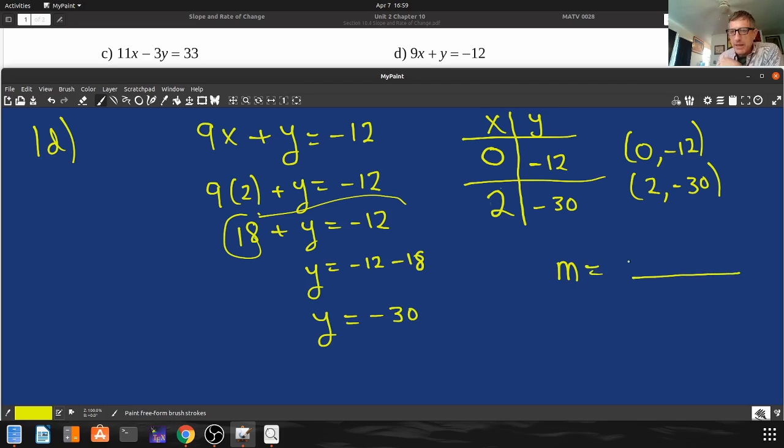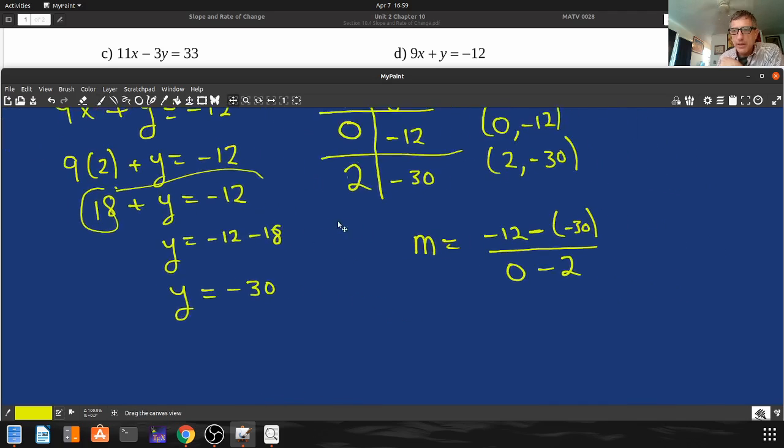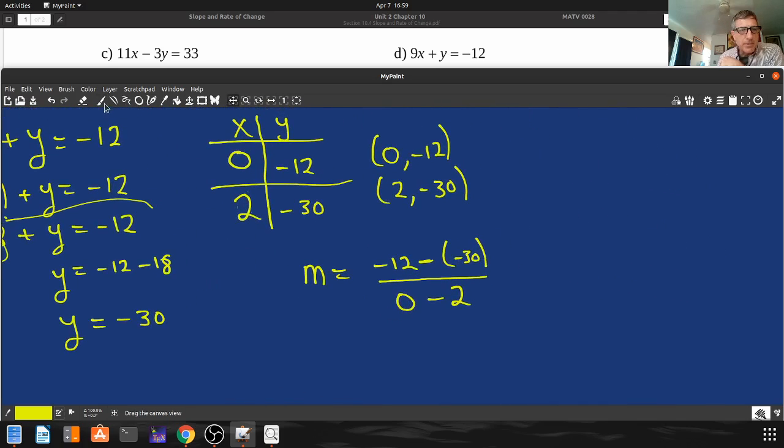So minus 12, and I subtract from minus 12 minus 30. Then I have 0, and I subtract from 0, 2. So I have to simplify.